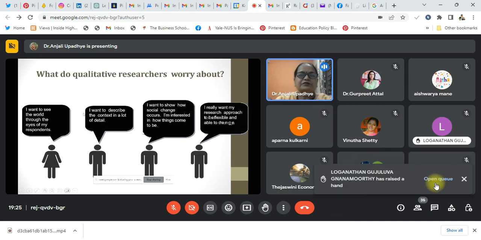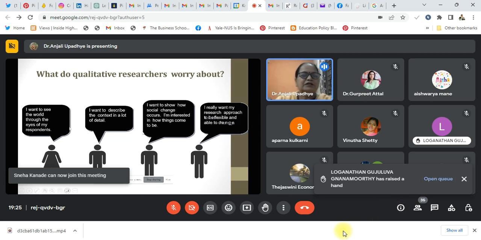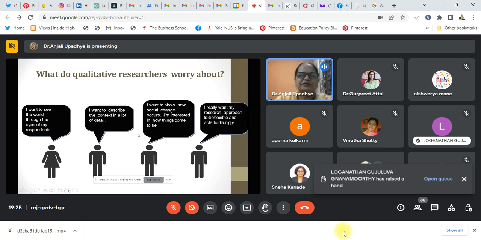Now, here is some qualitative research examples. In qualitative research, everybody has a different perspective. Any researcher, or maybe students or PhD scholars, want to see the data in different aspects, like a theory of RBT, rational behavior therapy.